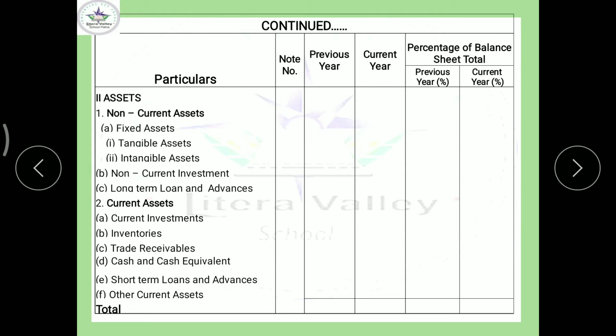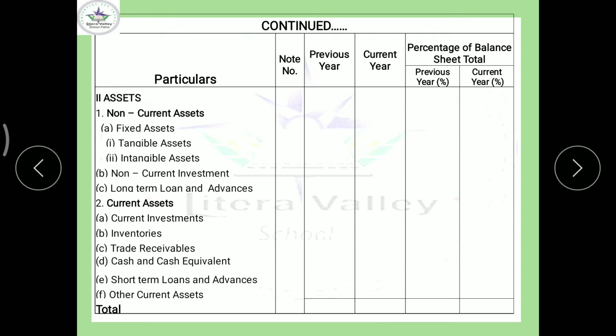So what percent do you have to write? 2 lakh divided by 10 lakh. So here in the percent column for the previous year you have to write simply 20%. In the same manner, say for the current year fixed assets is given 4 lakh and here the total amount is 40 lakh. So again it will be 10% here.